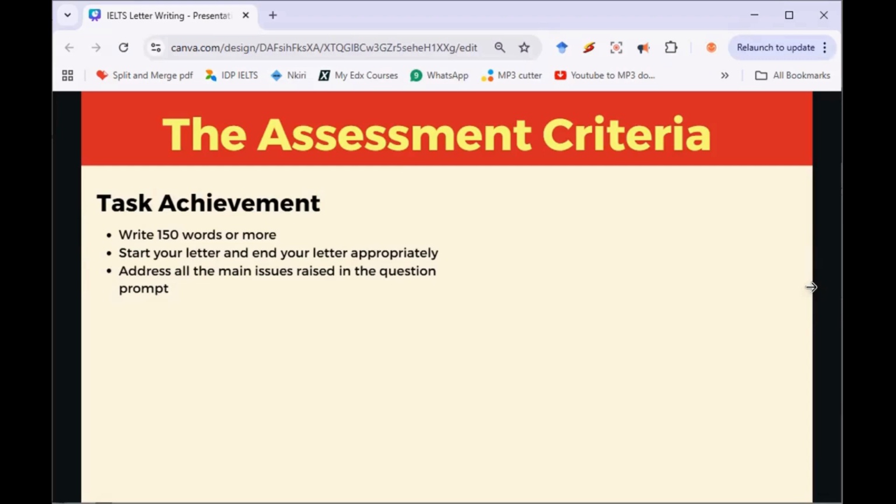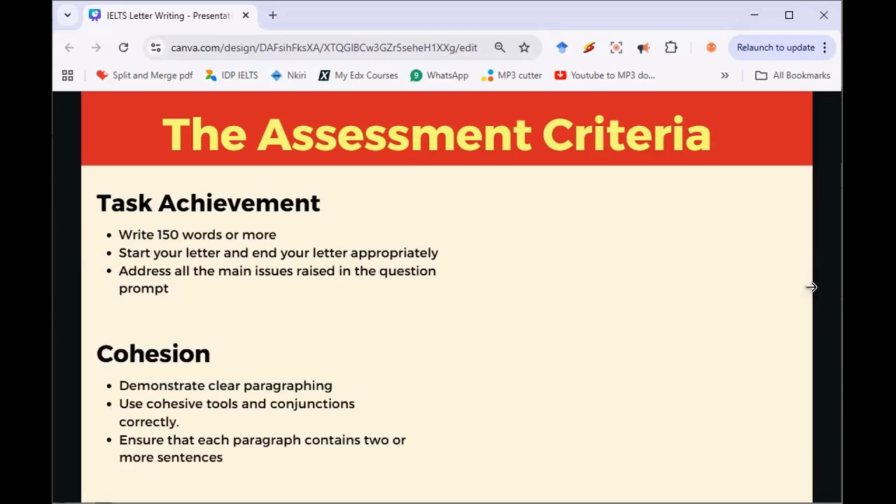All those bullet points, you must address everything. Nothing must be left behind. If you do all those things, then you can be sure that your task achievement score will be high. You can get as high as band 8, band 8.5 or band 9 in terms of task achievement. The second criterion is called cohesion.